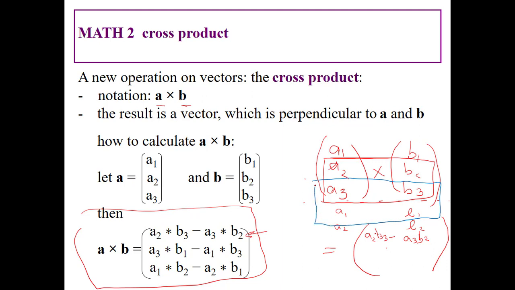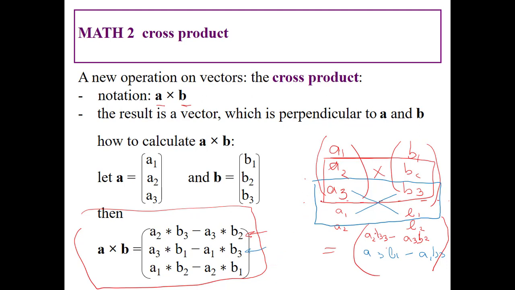And now you see why I added A1 and B1 underneath, because now again I have a determinant. So the second one is A3B1 minus A1B3. That's exactly the one as given in the definition.